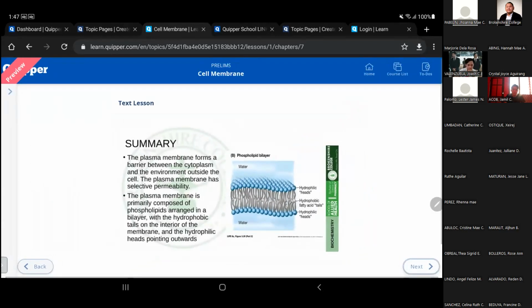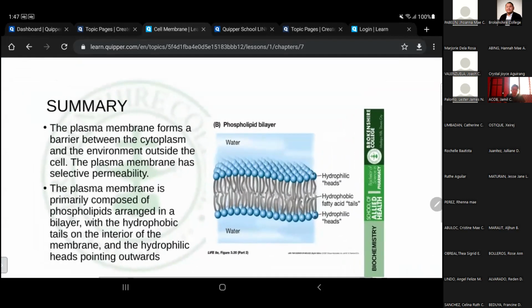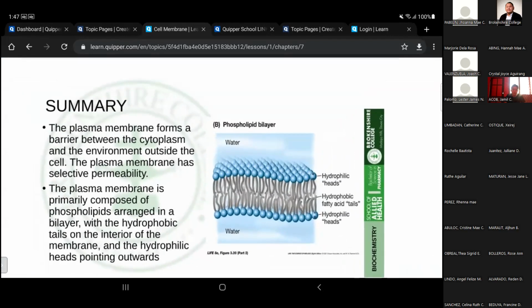Okay. So as a summary under phospholipid bilayer, the plasma membrane forms a barrier between the cytoplasm and the environment outside.